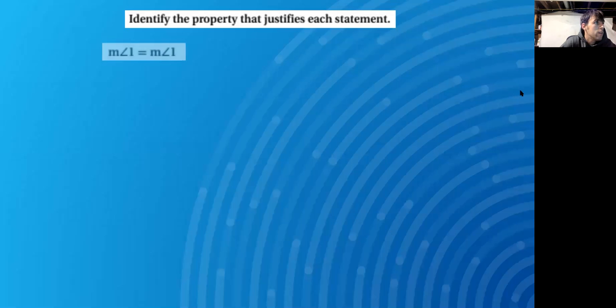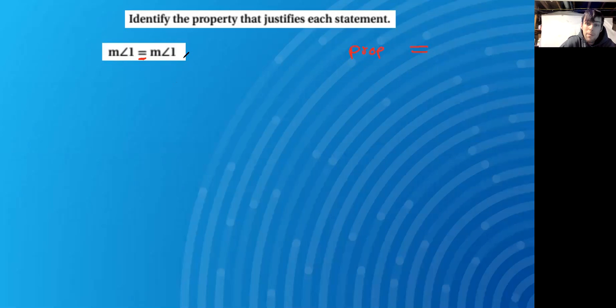All right, so let's look at these. What property justifies this statement? So we're looking for either a property of equality or a property of congruence. Which property do we think this is? Well, as I'm looking at it, the symbol is giving me at least a hint of the beginning. I'm using the equal sign, so this is some property of equality.